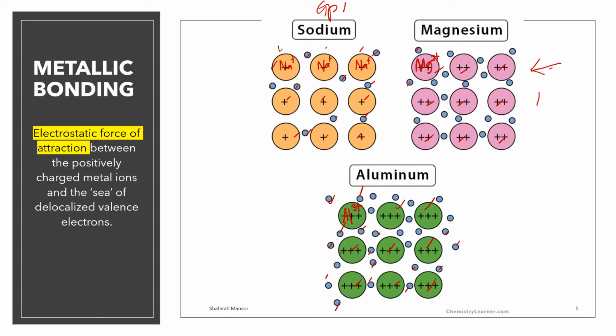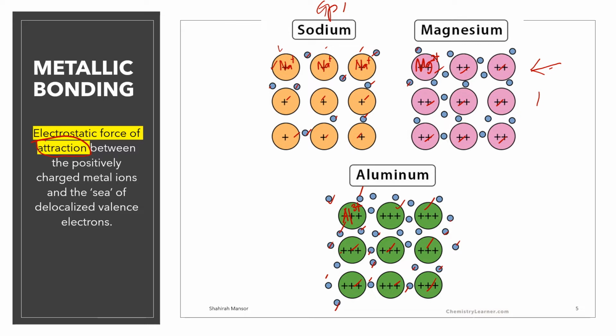Okay, so ratio of the cation mesti kena betul dengan bilangan of the valence electron untuk sesuatu metal tersebut. Okay, dan yang penting kena ingat untuk metallic bonding, okay, metallic bonding adalah electrostatic force of attraction, okay, di antara metal cation and their valence electron.